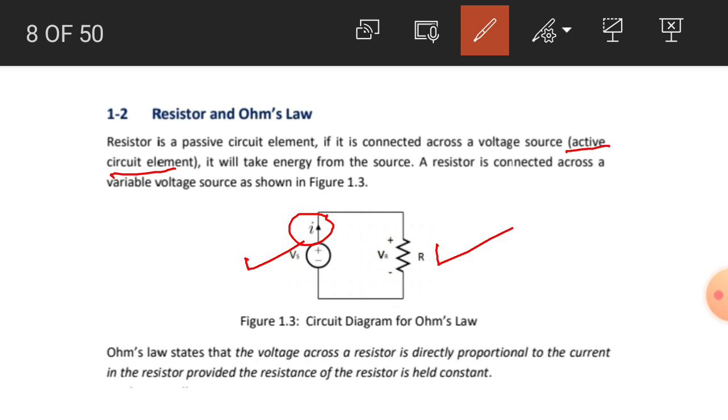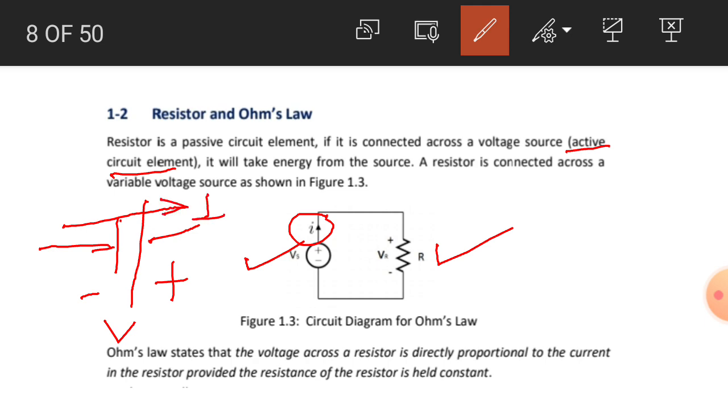Well, there are two types of voltage sources. Let us consider a voltage source. There are two terminals of the voltage source, negative and positive. So if the current flows from the negative terminal of the source towards the positive terminal, the voltage of this voltage source will be known as voltage rise.